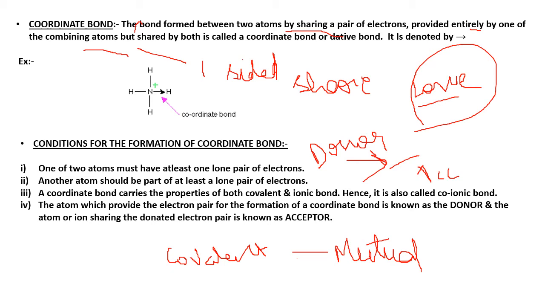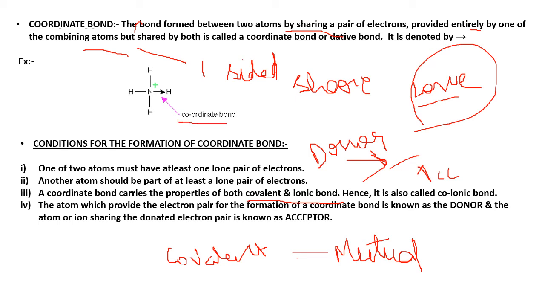Second thing, the coordinate bond may exist along with covalent and ionic bonds. It is not compulsory that a compound has only coordinate bonds. It is formed only when the possibility of ionic or covalent bond formation is zero. Clear? For example, the ammonium ion. This arrow is representing the coordinate bond.